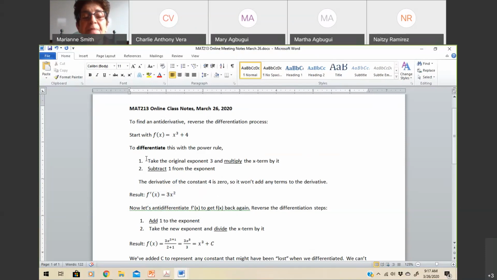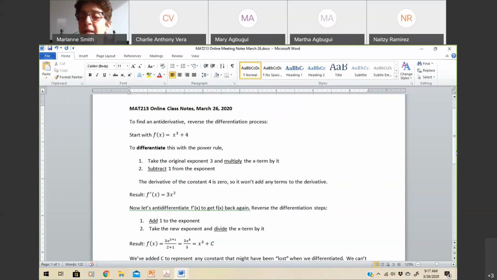Then, backing up one more step, instead of taking that exponent and multiplying the x term by it, I take that new exponent and divide the x term by it. Notice that you're going backwards in the steps and also reversing the operations in the steps. That's how you undo a derivative with the power rule.